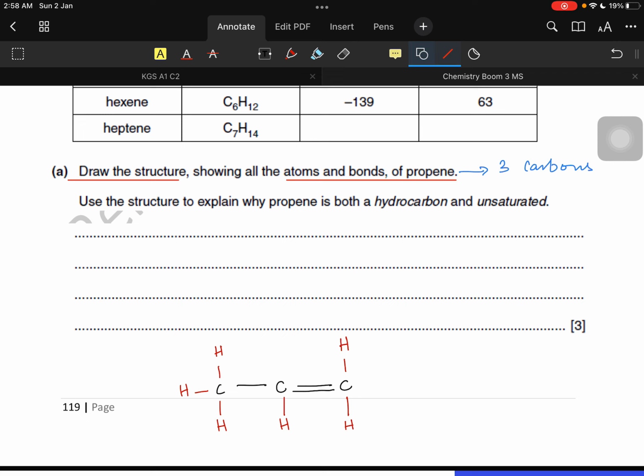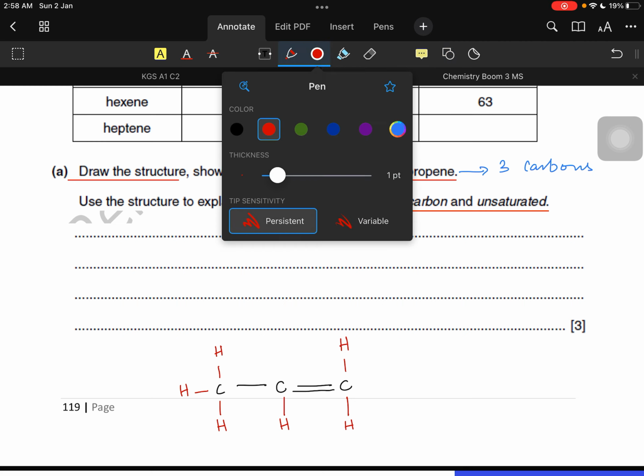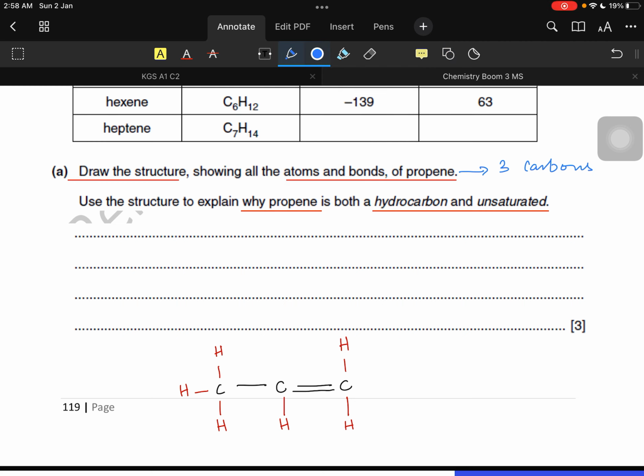It says, use the structure to explain why propene is both a hydrocarbon and unsaturated. So we know the definition of hydrocarbon. We say that propene is a hydrocarbon as it has only carbon and hydrogen atoms.